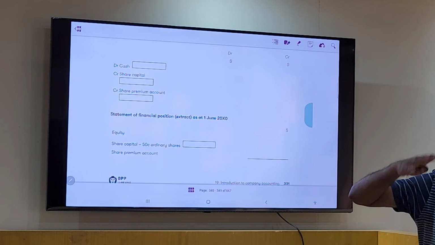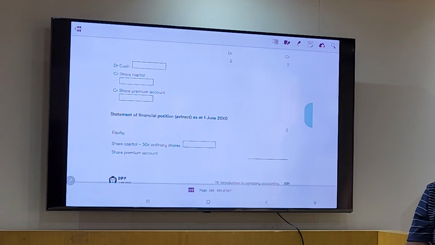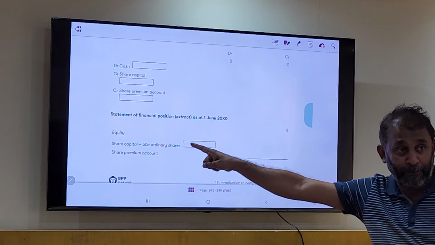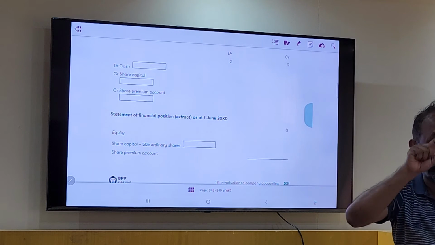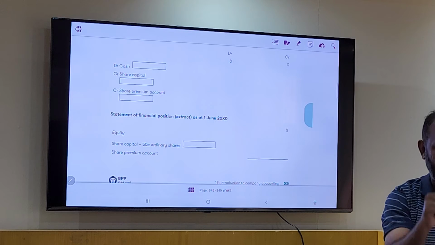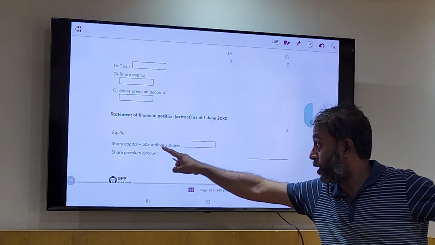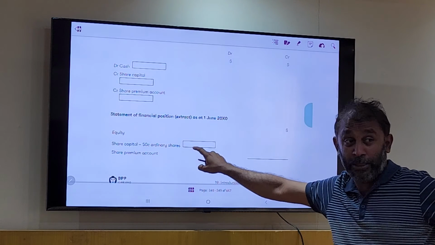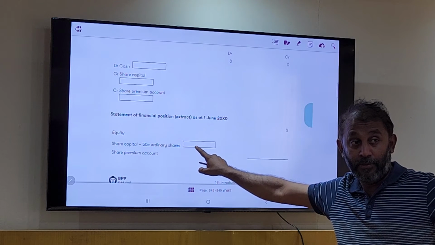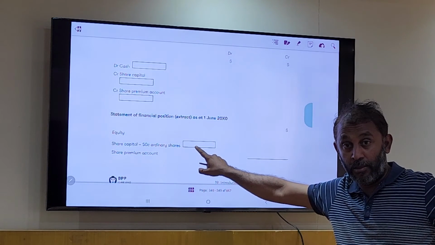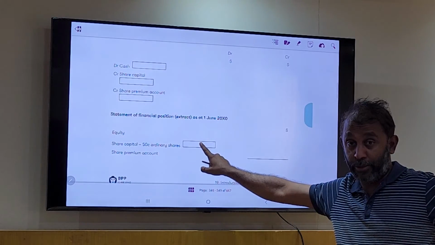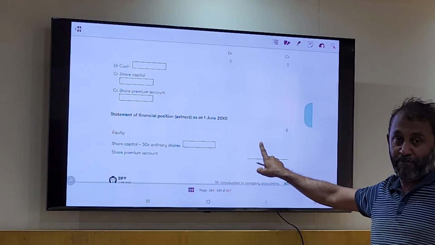Now this is the presentation in the balance sheet. Equity means capital. Capital has two items, share capital and share premium. Share capital is that 100,000. See, 50 cents ordinary shares, how many shares will you write here? 200,000 ordinary shares, so 100,000 will come.